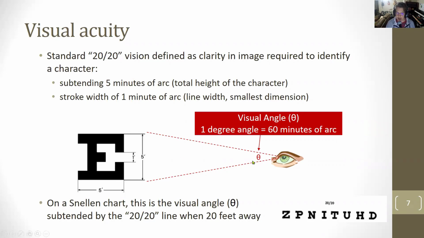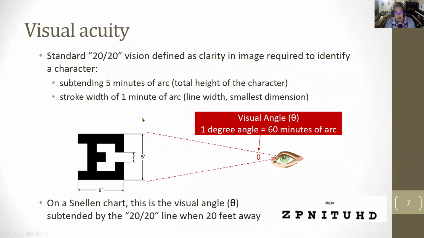This is what we mean by subtending, and it goes from here to here. So in terms of how much space on the retina, how much of the retina is used to process that image, we're going to talk about the visual angle.